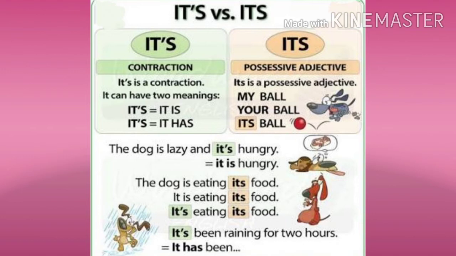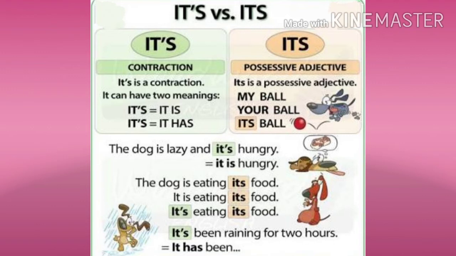See these examples. The dog is lazy and it's hungry. Here it's has an apostrophe. It means it is hungry. Next sentence. The dog is eating its food. Here there is no apostrophe.